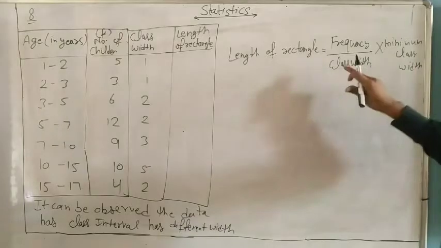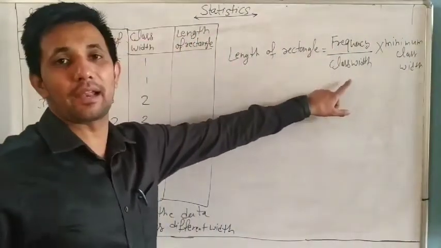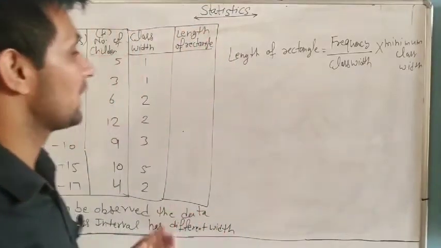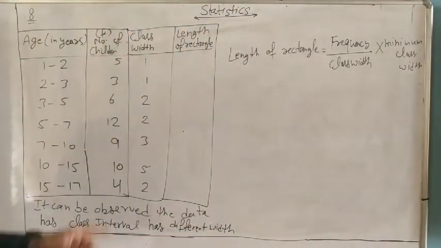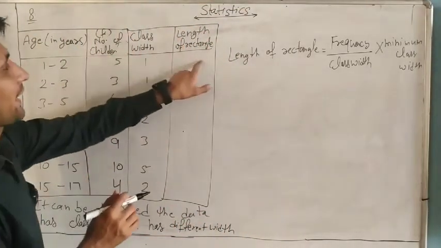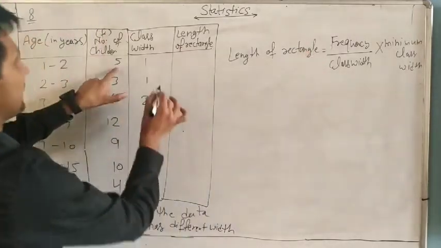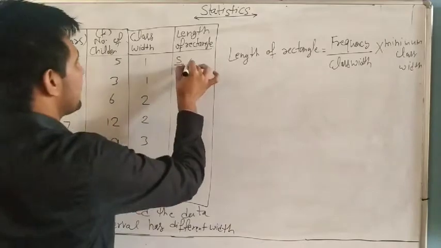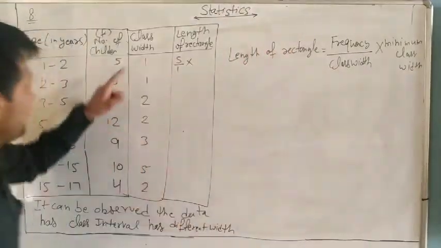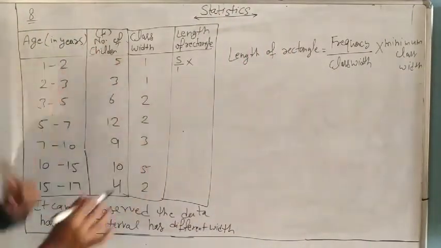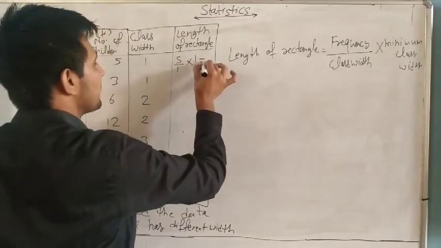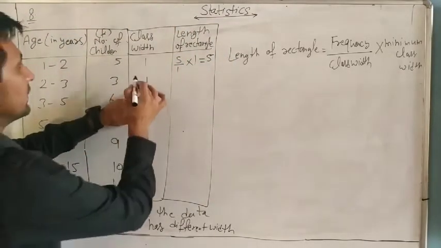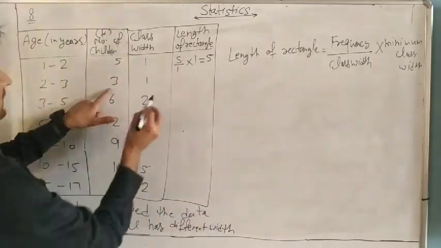Only this one formula: frequency divided by class width multiplied by minimum class width, understand or not? To write the size of the rectangle, how will you find? Frequency, what is? 5 divided by 1 multiplied by the minimum class width. What is the minimum class width? 1, so multiply every time by 1, so it becomes 5.